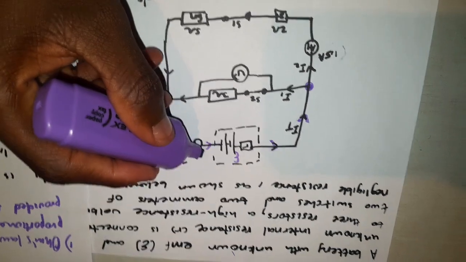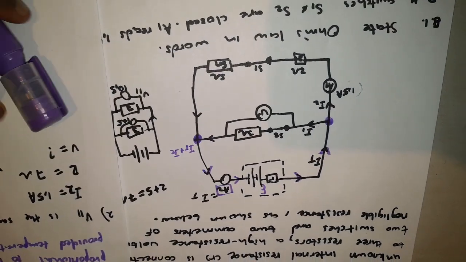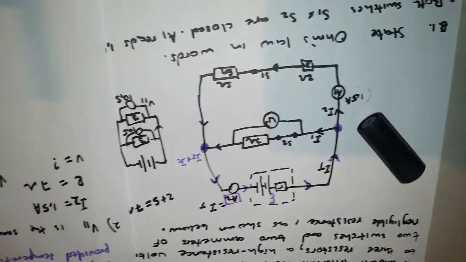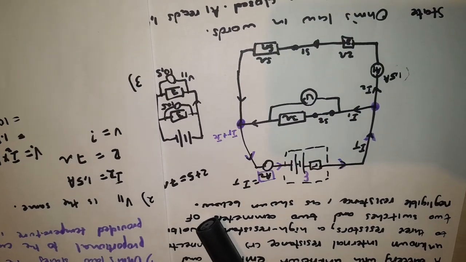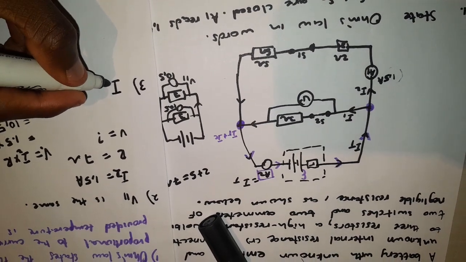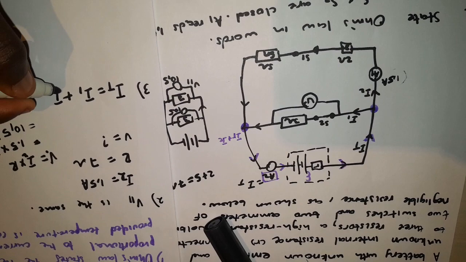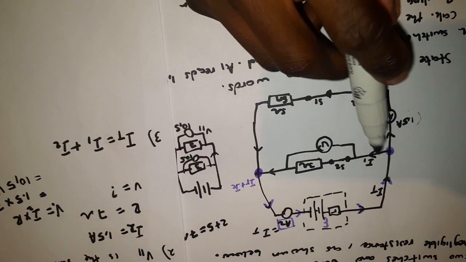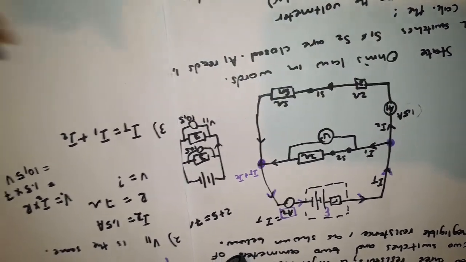So the reading on A2 will be the total current. How do we find the total current? We can find it using I1 plus I2, which means we have to find the current that passes through here.